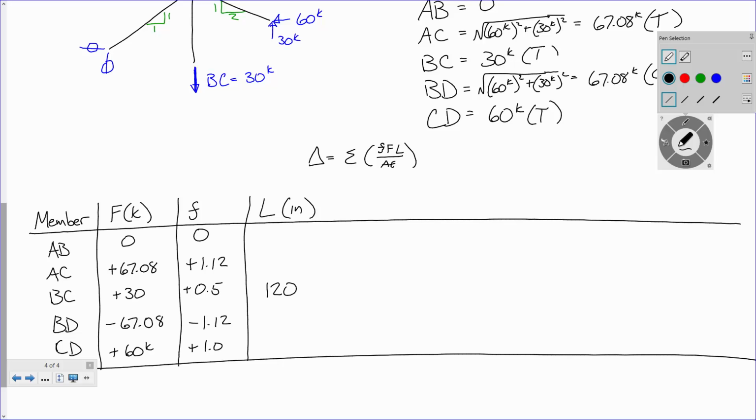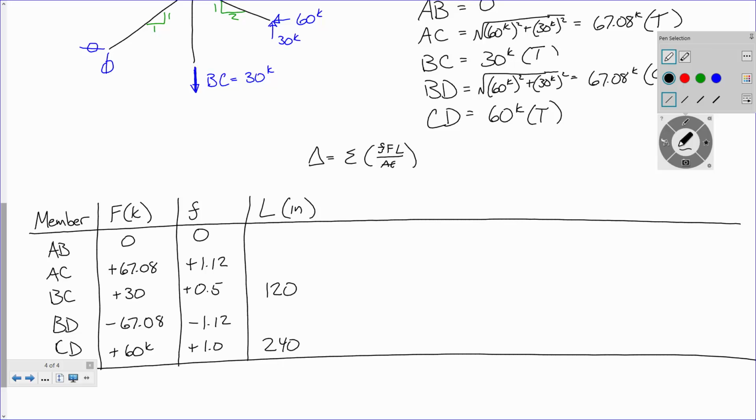Make sense? Okay. CD is what? 240. And the others, what are we going to do? Well, you could do Pythagorean theorem or the ratio, either one. You all tell me, what's AB going to be?